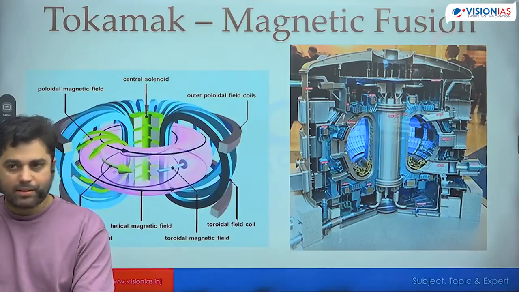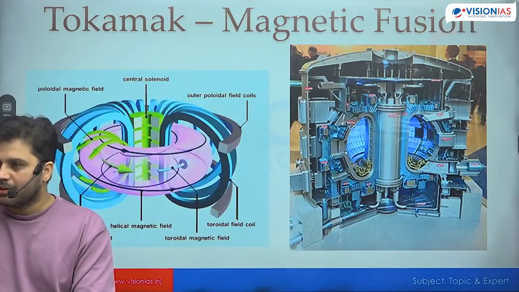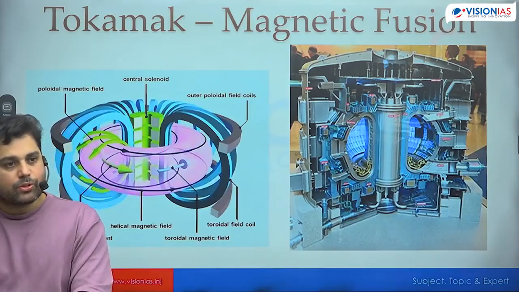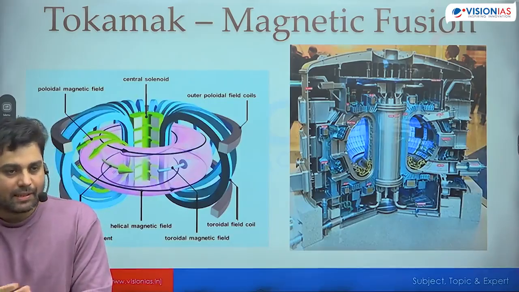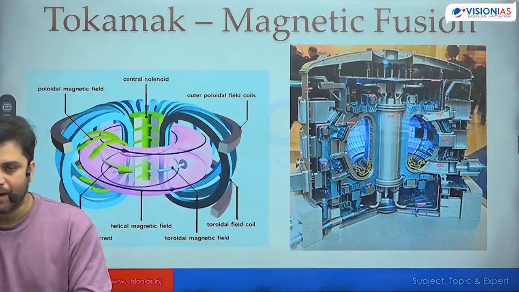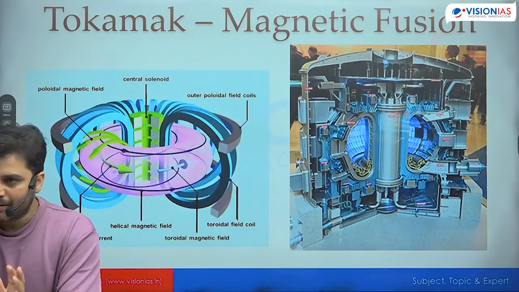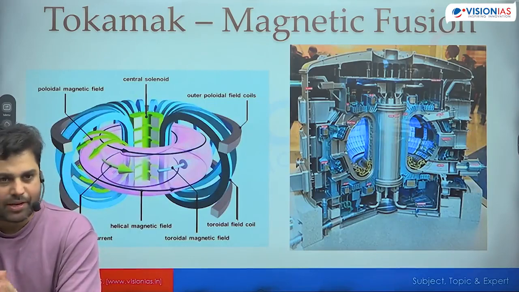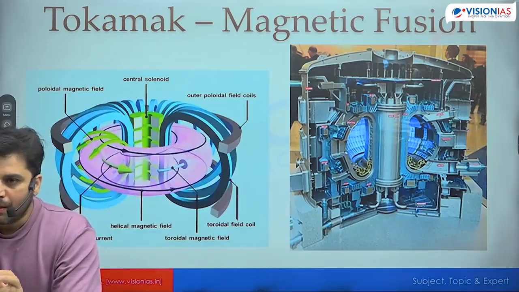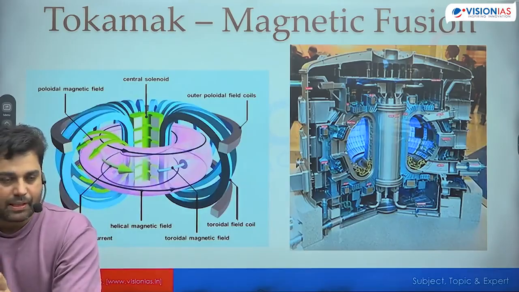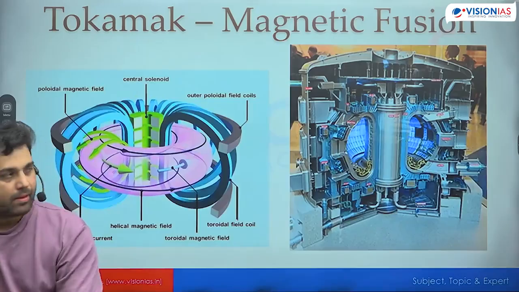If you want to imagine plasma, aap aise imagine kar lo ki gas hai but jo ionize ho rakha hai. Ionize isliye ho rakha hai because electrons ke paas itna energy hai that they have come out of the atom. So very similar to gas, plasma has no fixed shape or size, and will occupy volume in whatever room. But plasma is ionized. It is positively charged particles and negatively charged particles.